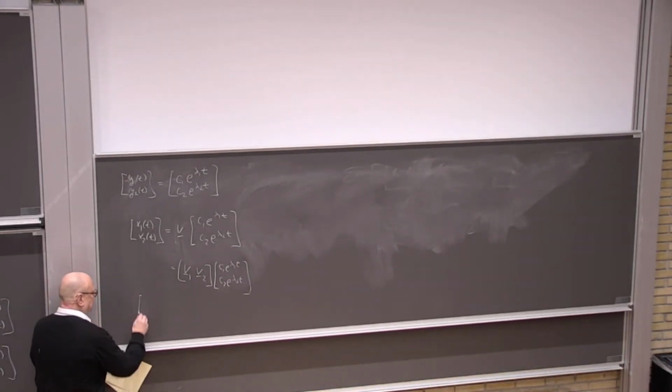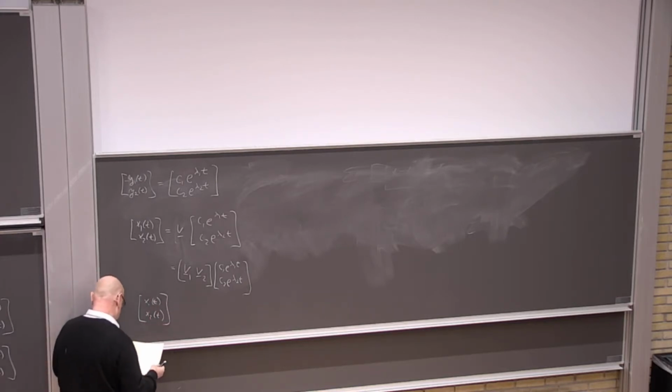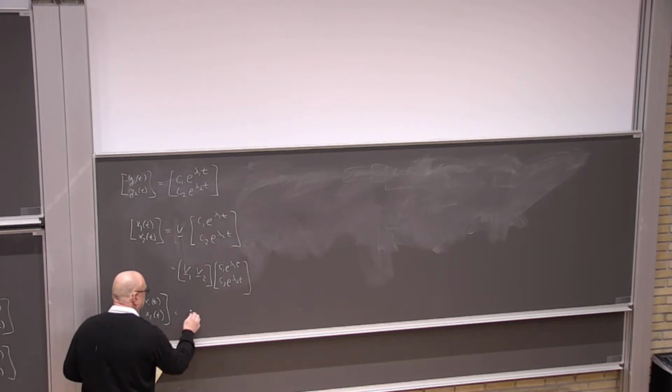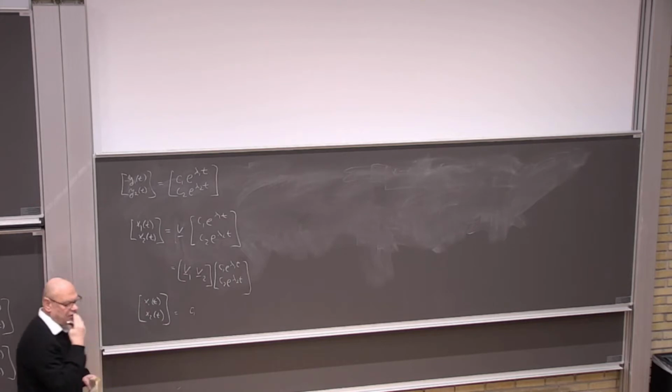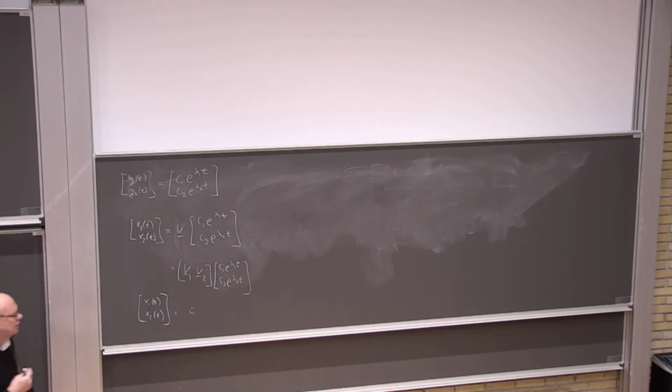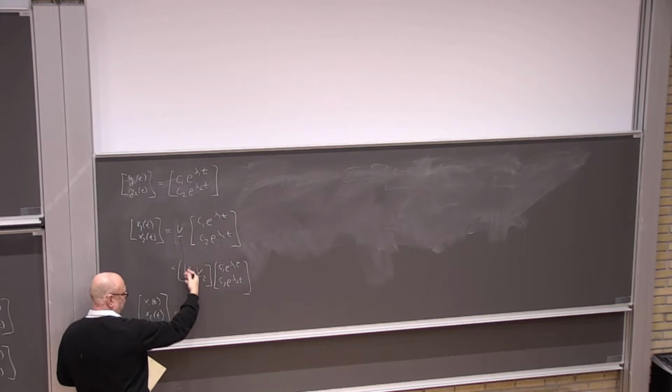And this means that I can just write the solution as C1. Remember when we have this matrix vector product, then we take the first entry here and multiply by the first column.